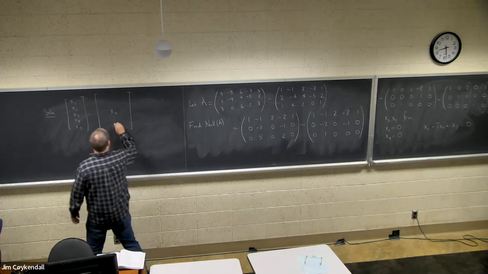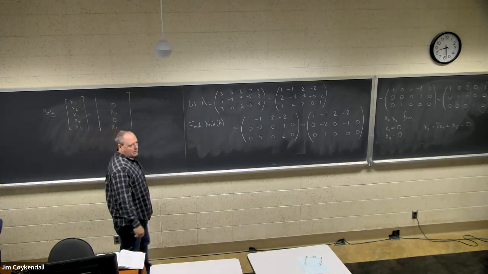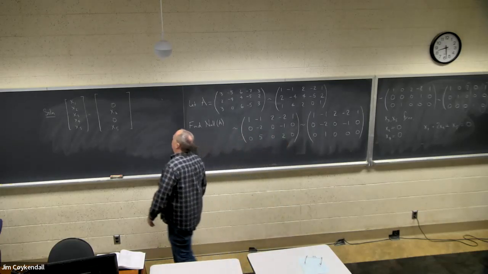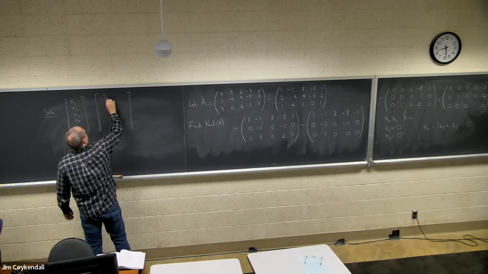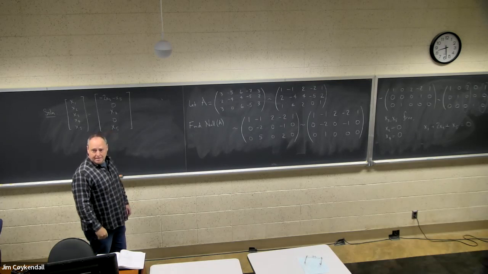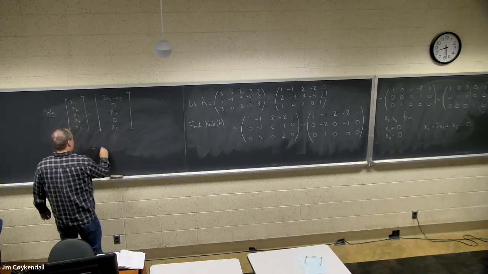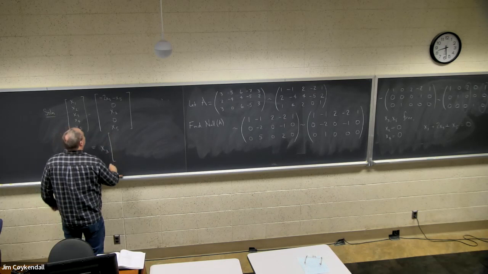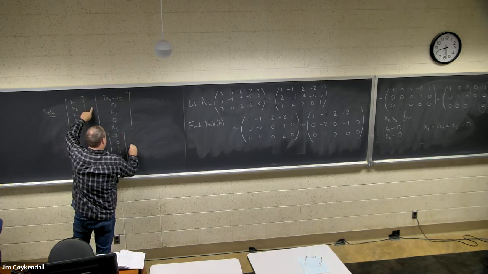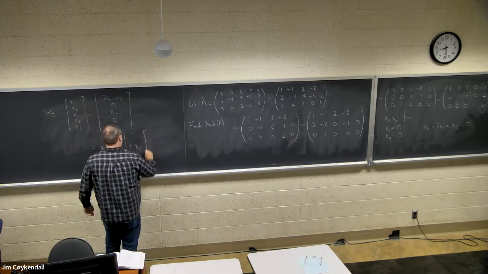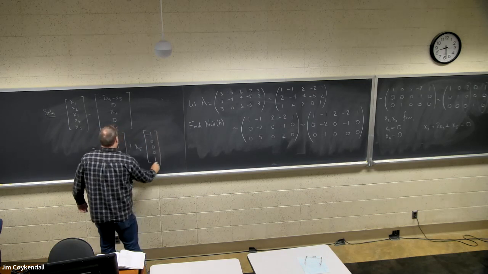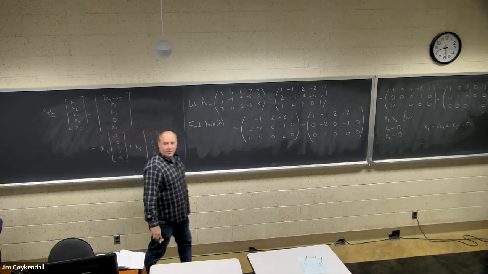X2 and x4 are both 0. And x1 should be minus 2x3 minus x5. Agree? So this is x3 times (-2, 0, 1, 0, 0), plus x5 times (-1, 0, 0, 0, 1).